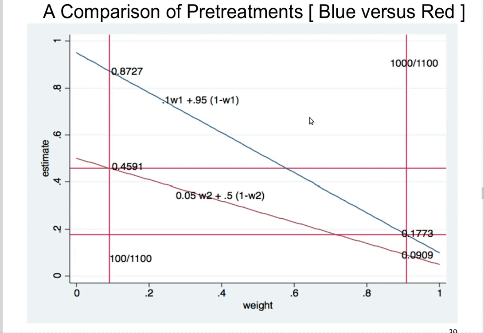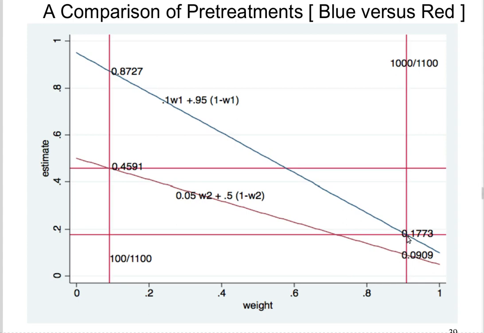In some cases, some authors would argue that we could compare, for example, these two numbers, the 0.4591 and the 0.8727, because the weights are the same. So this is actual and this is counterfactual, the 0.8727. Except that if we were to argue that we could do that for this set of weights, what about the other set of weights?